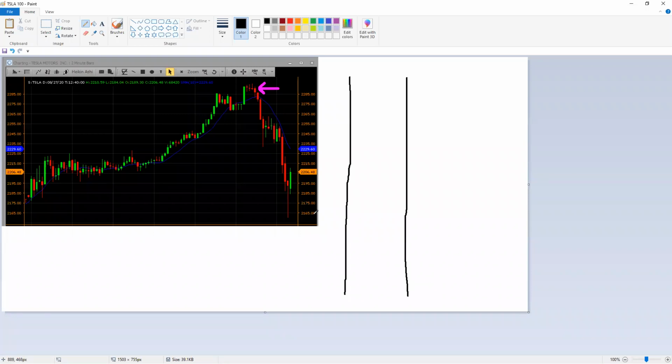Tesla had a move right here from 2165. Right here is 2200. This is the biggest mark. 2200. And it could be played either way, long or short. This is the biggest mark right here, 2250.